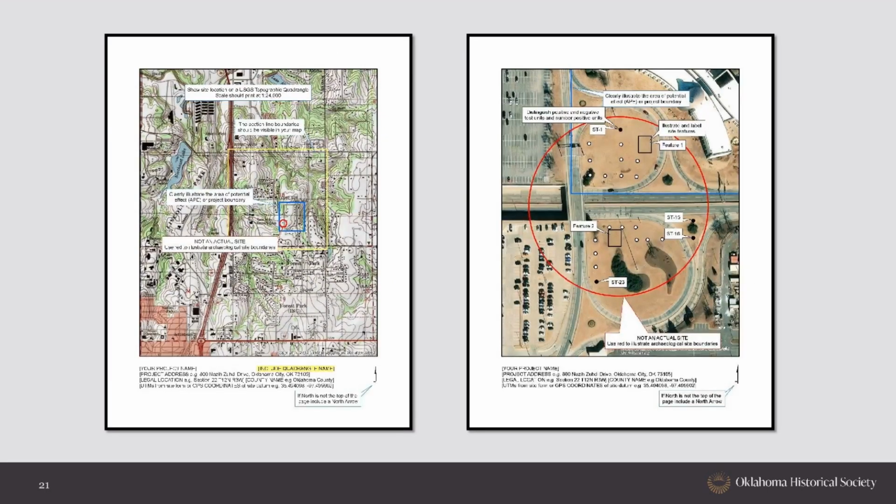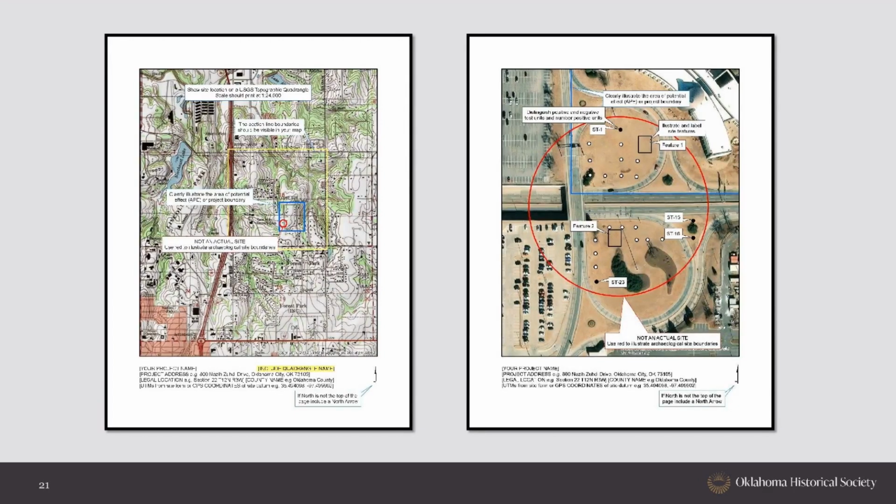Maps. For maps associated with archaeological sites, please do show the boundary of the site in red. Please include a location map. That would be on a topo, and that topo should be at 1 to 24,000 scale. That's a standard. That's what the printout will look like, the same scale as if you were reviewing the OAS topo maps in their office.